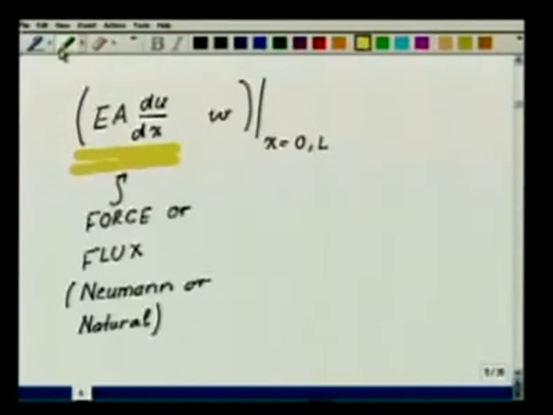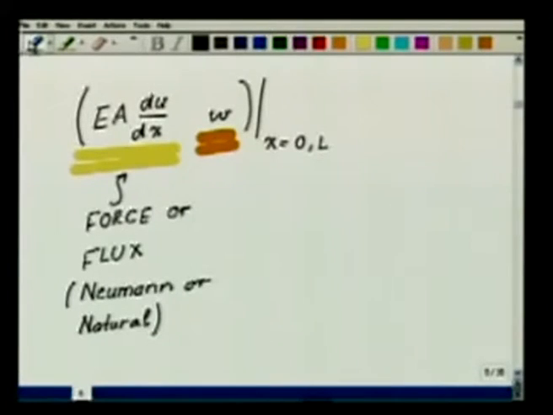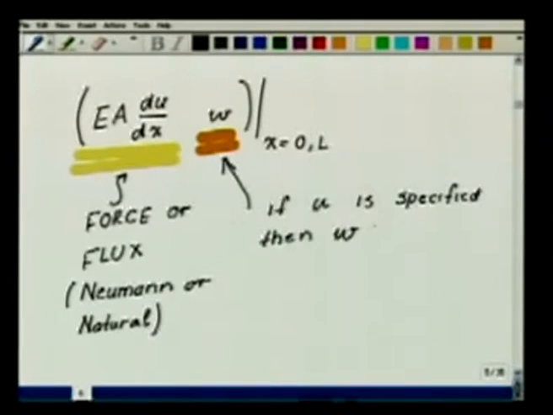Now let us look at the second part. What about this part, W? This part W corresponds to u, because at an end where the displacement u is specified, remember we had talked about admissibility of the W. If u is specified at that end, then w has to be equal to 0 at that end.